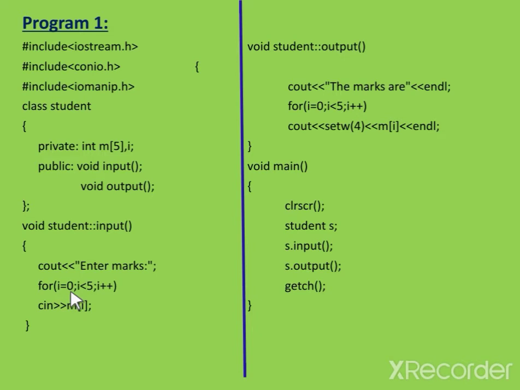The i value is initialized to 0, and i less than 5, that is the condition. So the i value must be 0 or less than 5, meaning i contains 0, 1, 2, 3, 4 respectively. Here array variable m is a private member of class student.